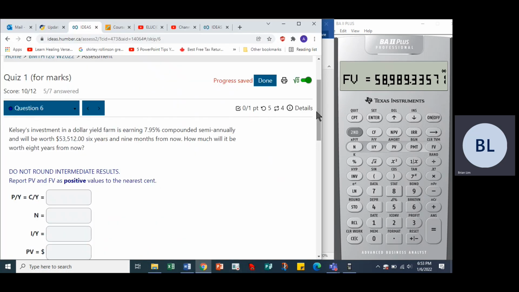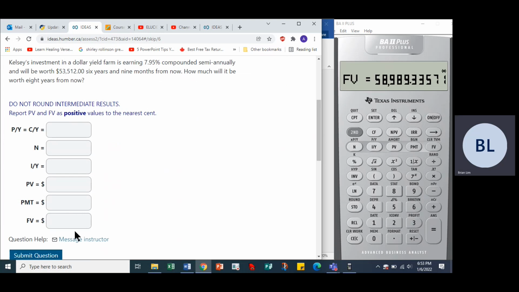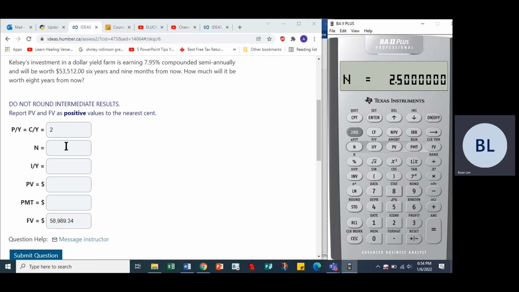So let's enter our numbers. 58989.34. CY, compounded semi-annually, so that was 2. And then we come down to N. We can recall N, and it turns out to be 2.50.